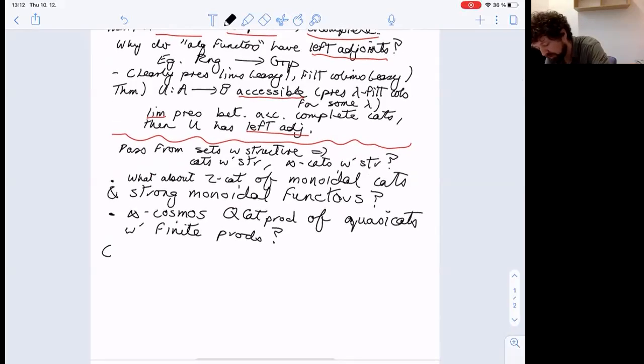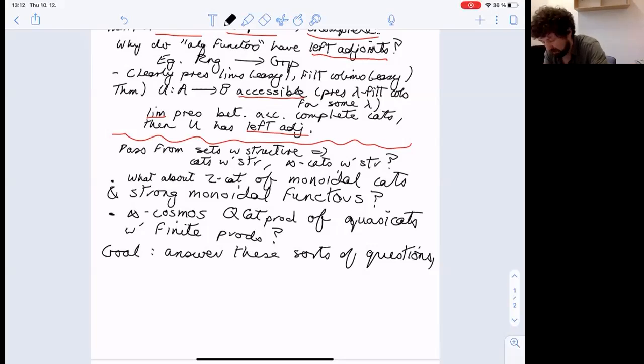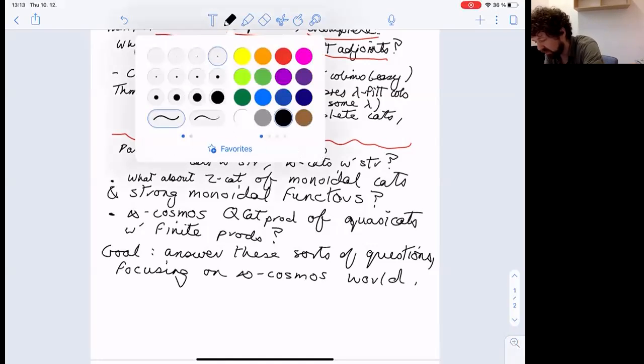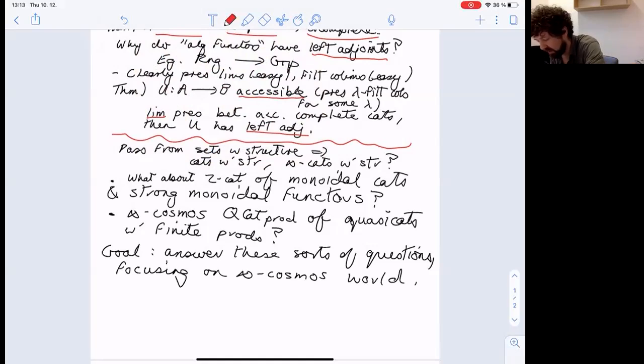So the goal for today is to answer these sorts of questions, focusing on the infinity cosmos, the infinity categories setting. Okay, so that's the goal for today.